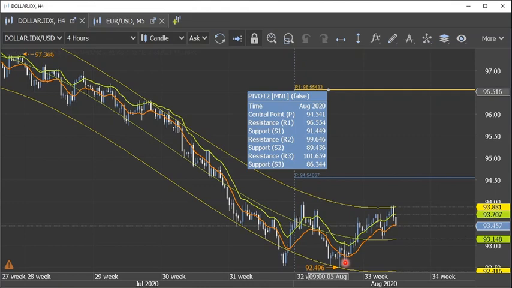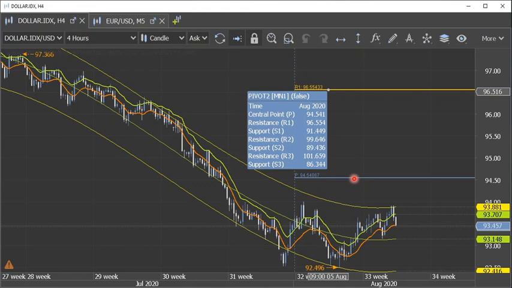But from a longer term perspective, if you consider the pivot point series on the monthly time frame, then the dollar index is still not out of the woods, and the underlying bias still remains bearish, and we are not really betting on a trend reversal here. That is something we will do if the dollar index holds in this zone for a longer time period.